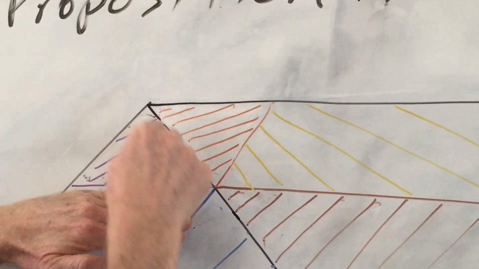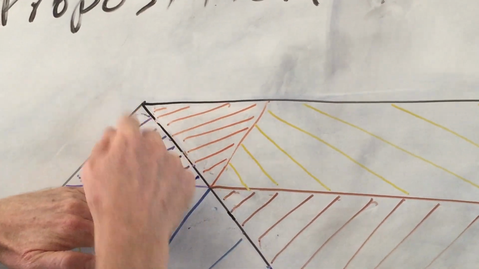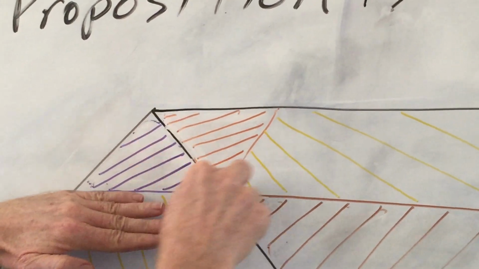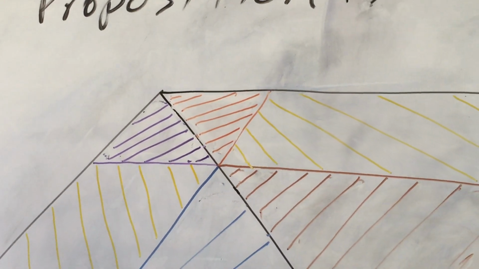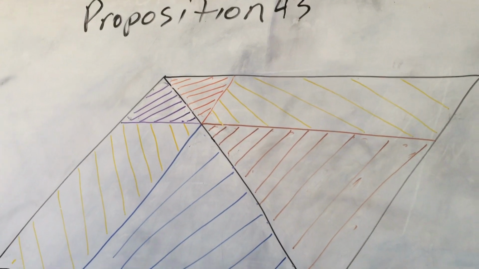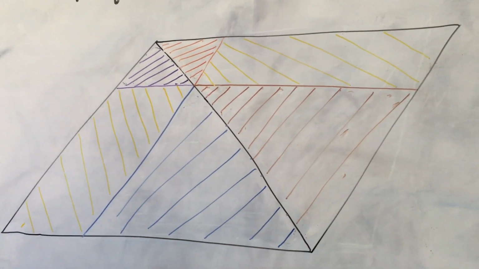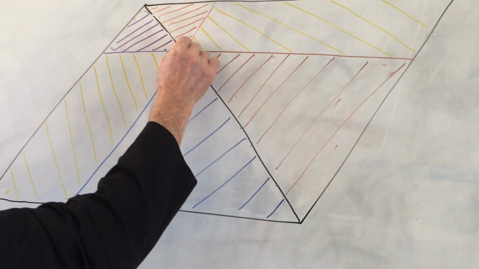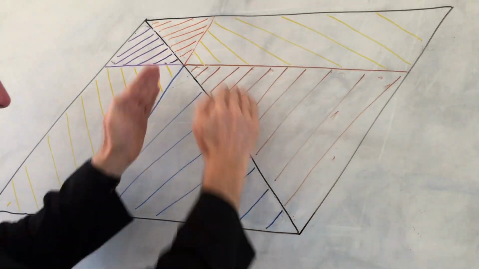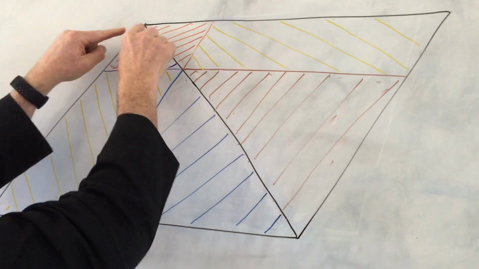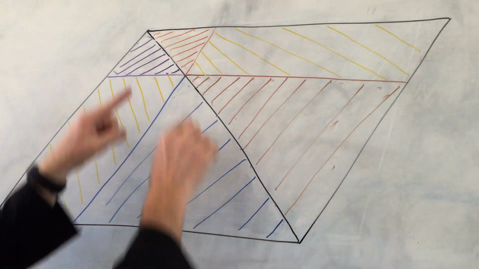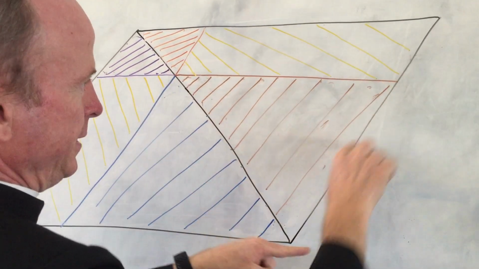And this diameter bisects it. So this is equal to this. Great. So we got a bunch of stuff equal to a bunch of stuff. Let's start adding equals to equals. So if this equals this, and this equals this, then this plus this equals this plus this, okay?